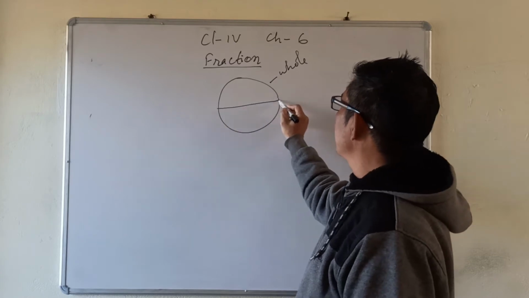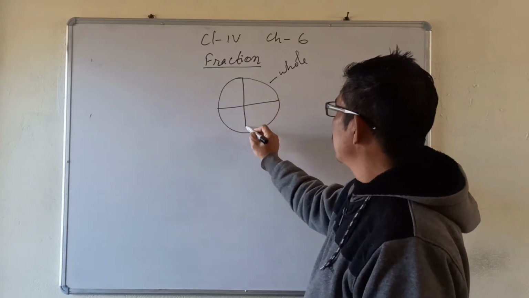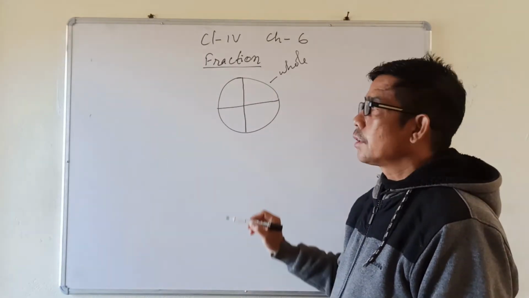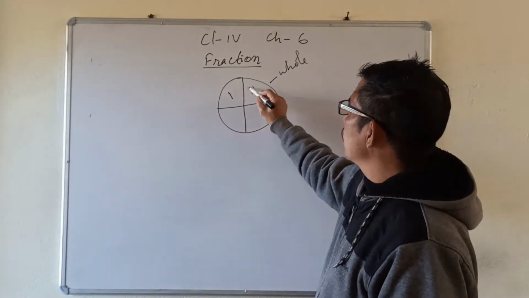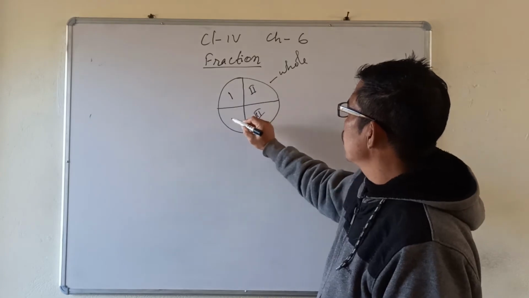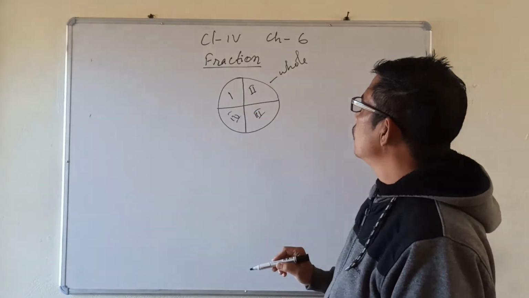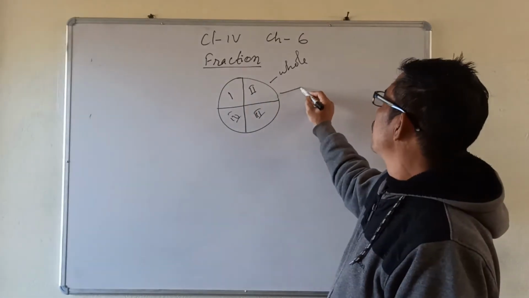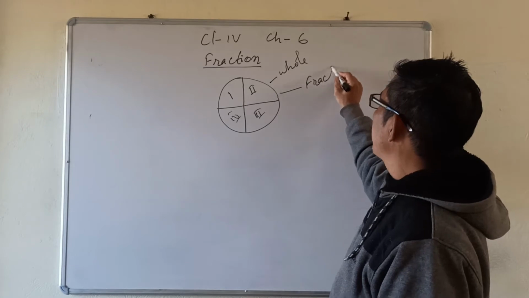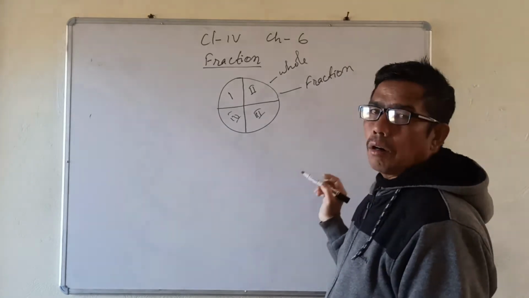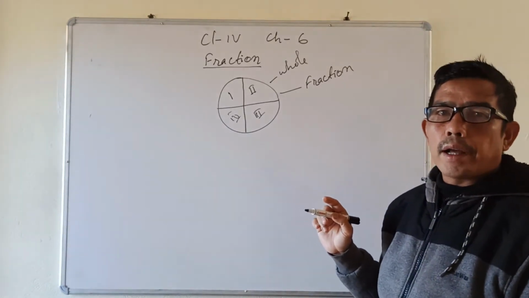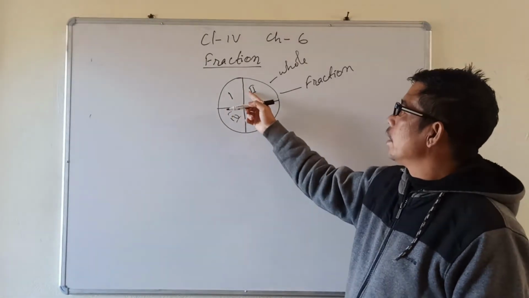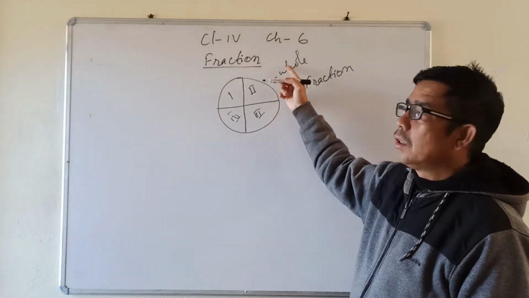If we divide this circle into 4 equal parts, first, second, third, fourth, then each of these parts is known as a fraction. So a fraction is always smaller than the whole, and all the fractions together add up to give the whole.